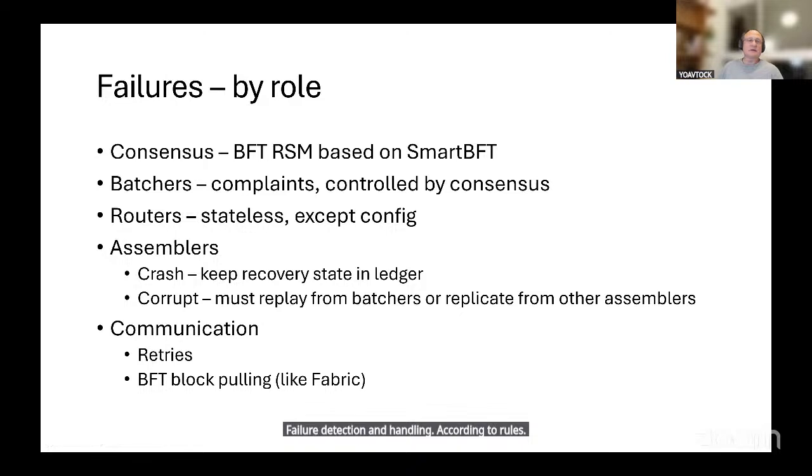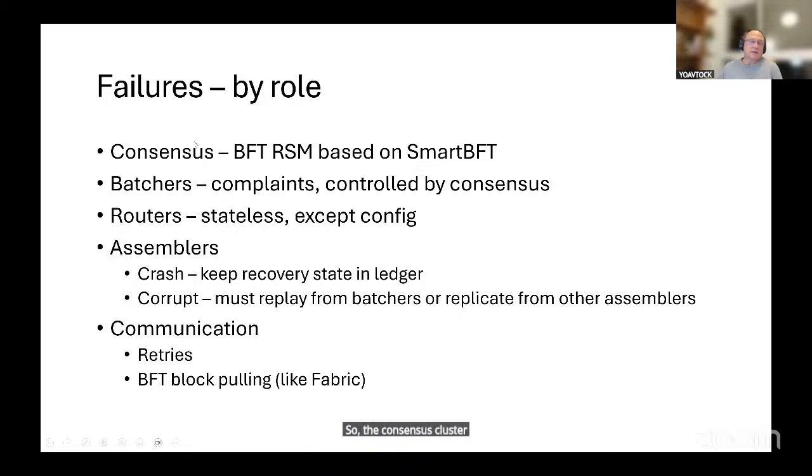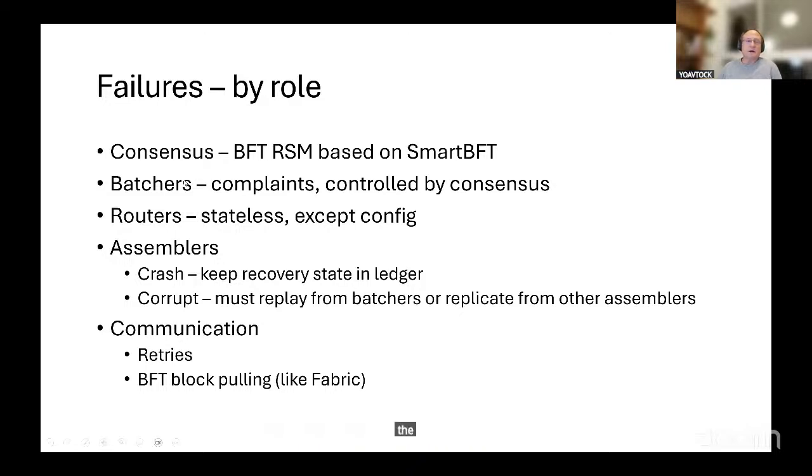So the consensus cluster is a BFT replicated state machine based on SmartBFT. This is the same library that is being used in Fabric v3. So the consensus cluster is resilient to both crash failures and Byzantine failures. The batchers are controlled by consensus.